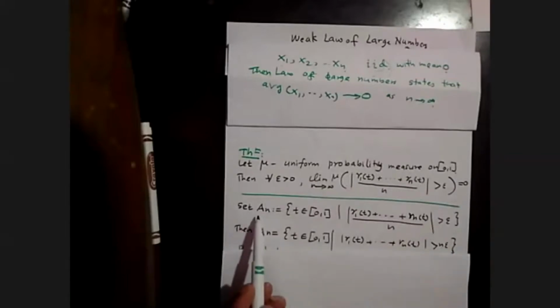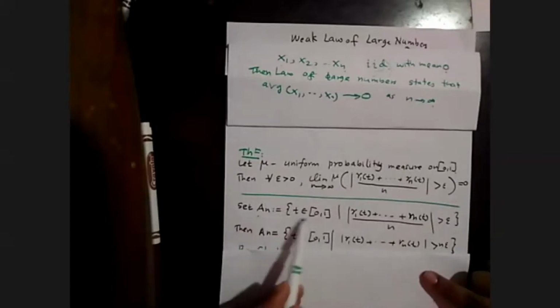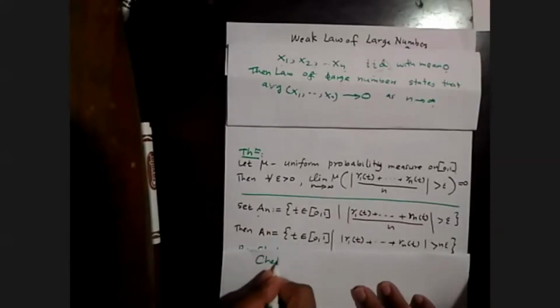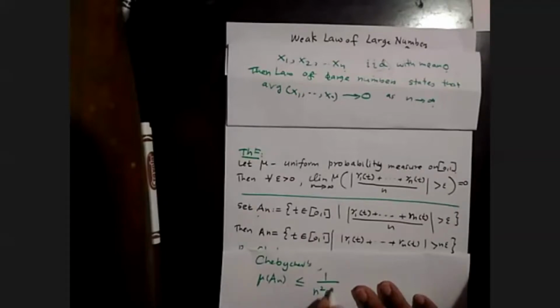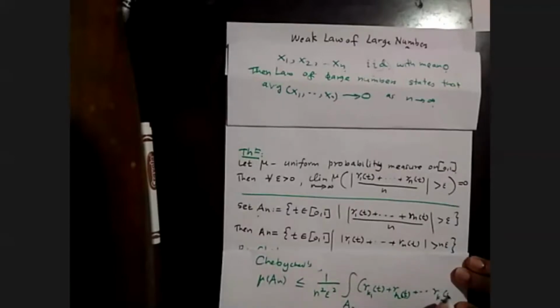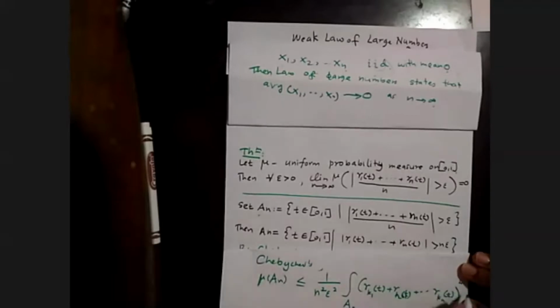We will just write it easily. I will denote the set of all t such that the property holds as A sub n. Now, using Chebyshev, we can say that the measure of A sub n is less than or equal to 1 over n squared epsilon squared times the integral over A sub n of (r_k1(t) + r_k2(t) all the way up to r_kn(t)) squared dt.